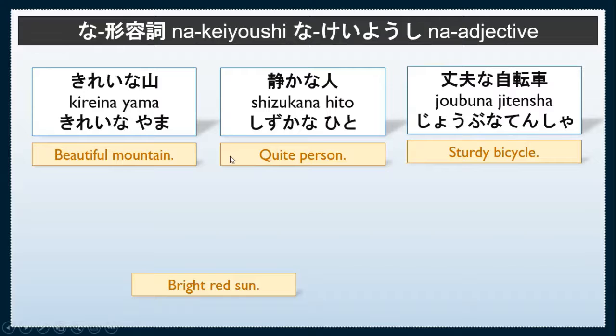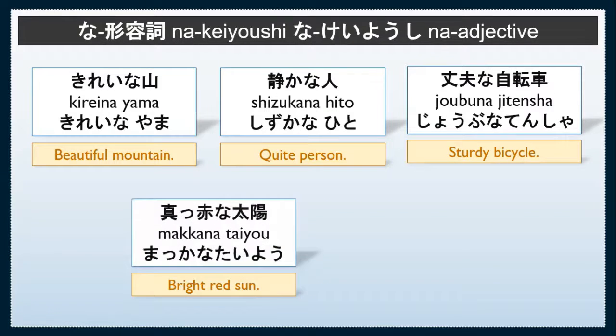Next is bright red sun. It is 真っ赤な太陽, makkana taiyo. Makka is bright red, and taiyo is sun. Next is favorite food.